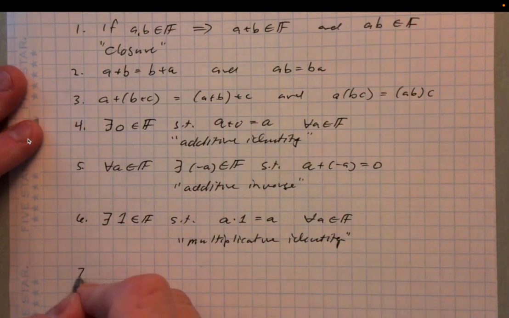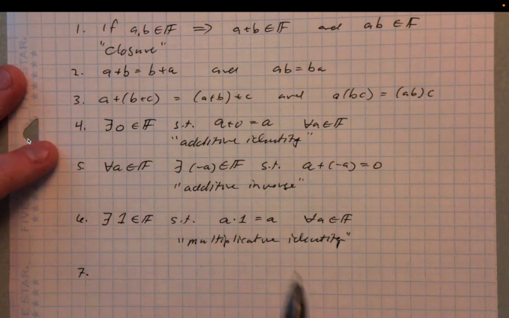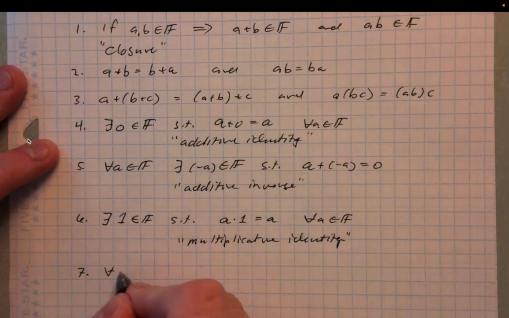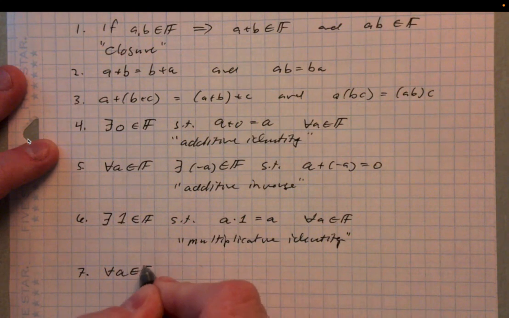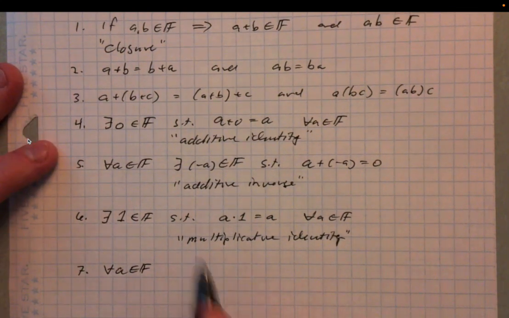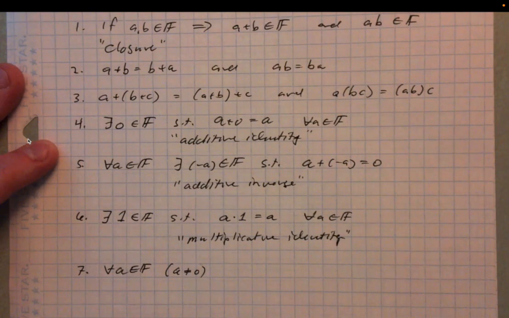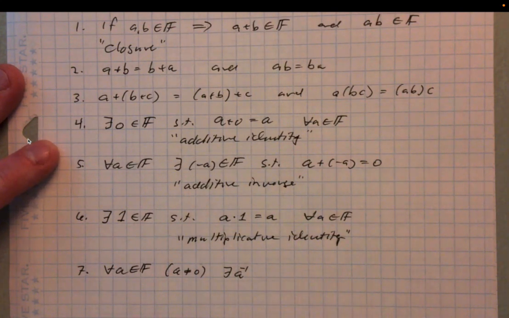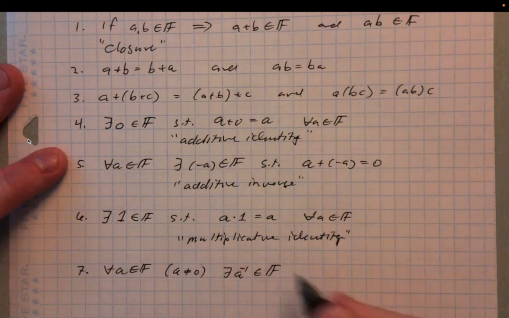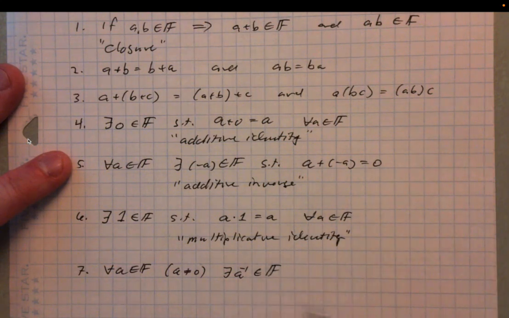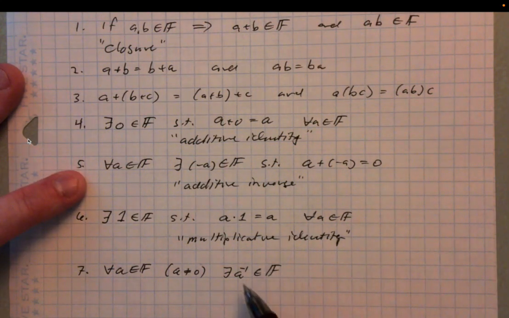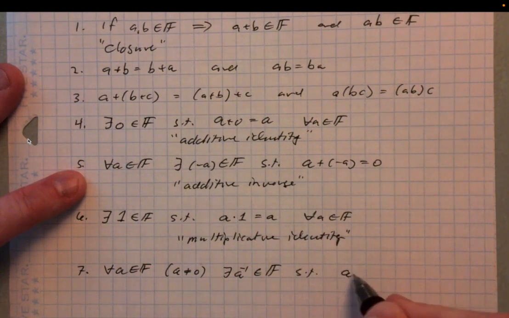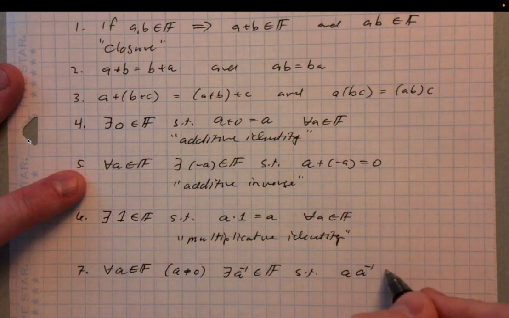Okay. Number 7, similar to number 5, for all elements a in the field, and here we're specifying a not equal to 0. For all non-zero elements in the field, there exists an inverse in the field, a to the negative 1. This is just notation. There exists this a to the negative 1 power such that a times a to the negative 1 equals 1.